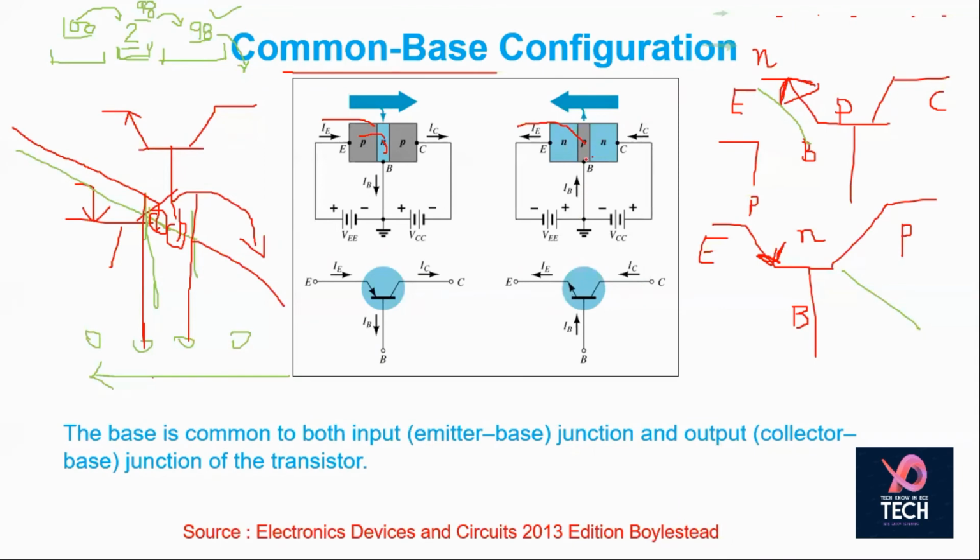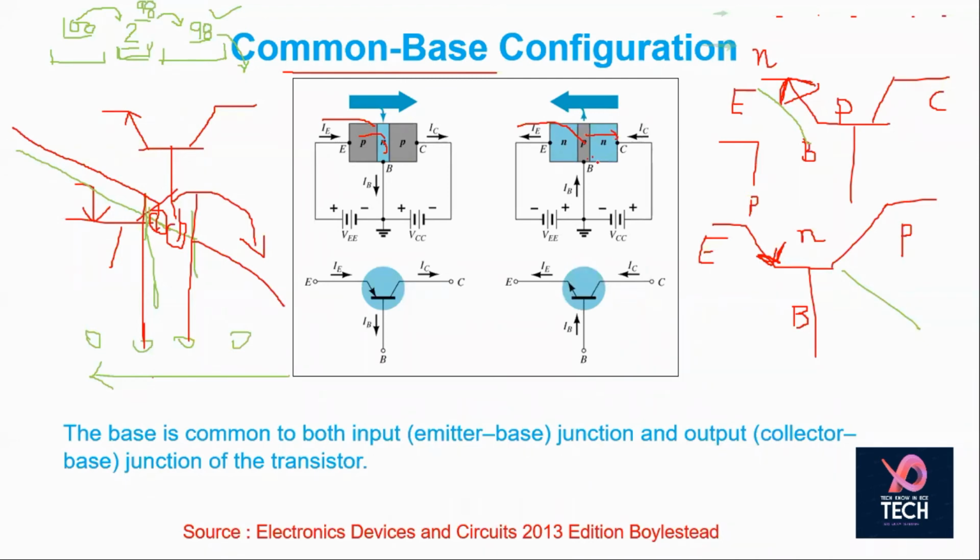You are actually generating two excess holes. You are creating an imbalance. So to balance that, because the system will work for a balance, electrons will move from emitter to base, and they cover that balance. But the thing is, the remaining of them are free now. So what happens? They will move towards the collector now.